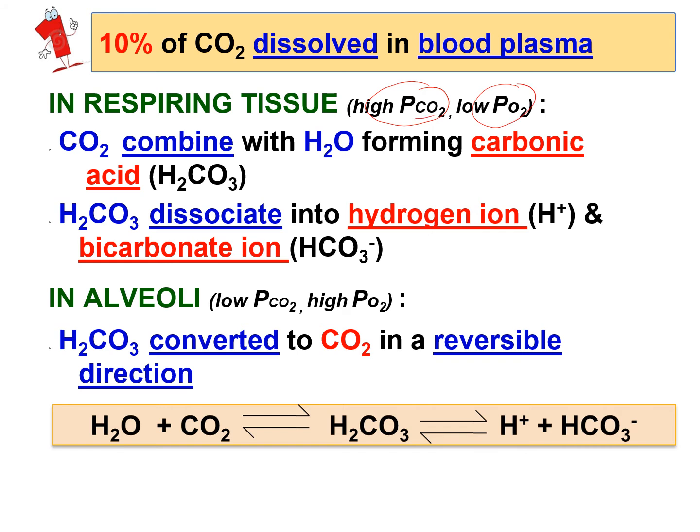So carbon dioxide will diffuse out of the respiring tissue into the blood capillary. In the blood capillary, carbon dioxide will combine with H2O, forming carbonic acid. The formation of carbonic acid is catalyzed by carbonic anhydrase.